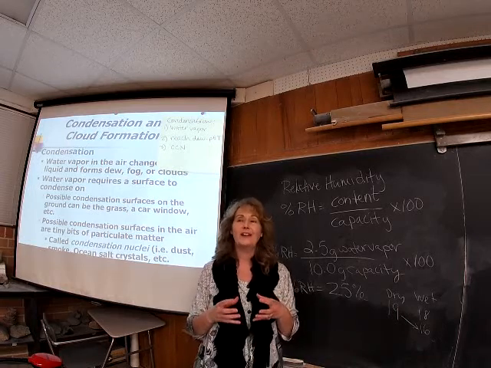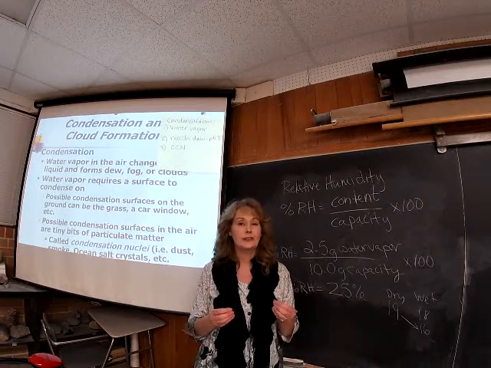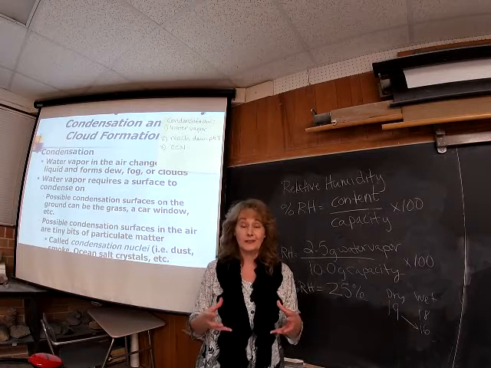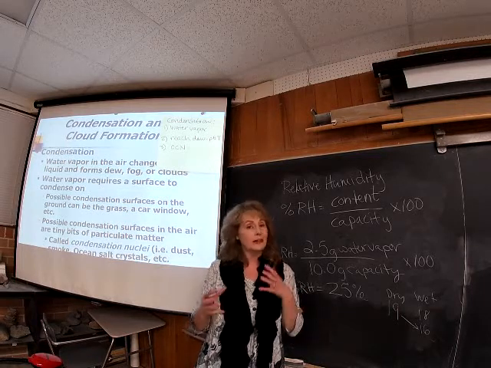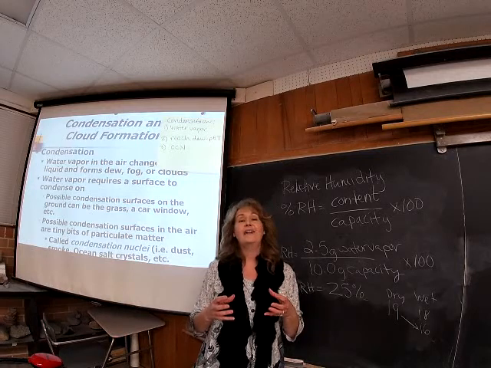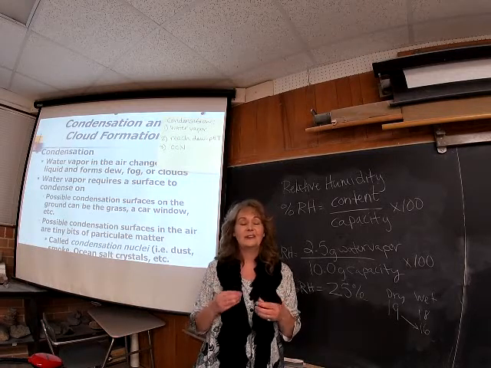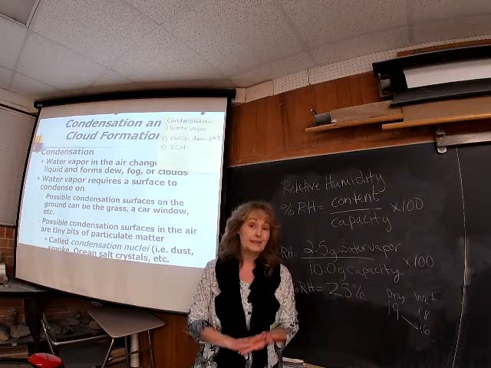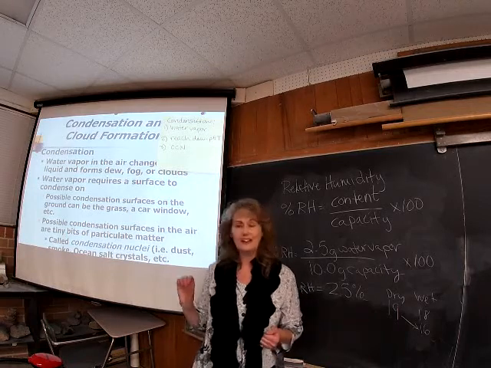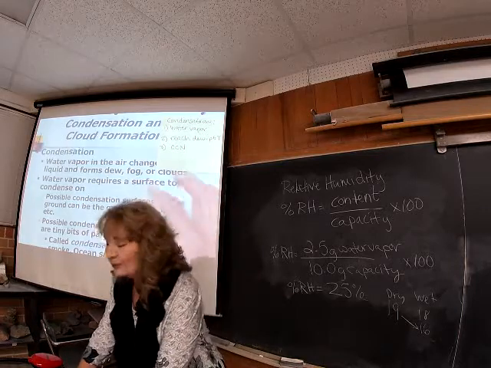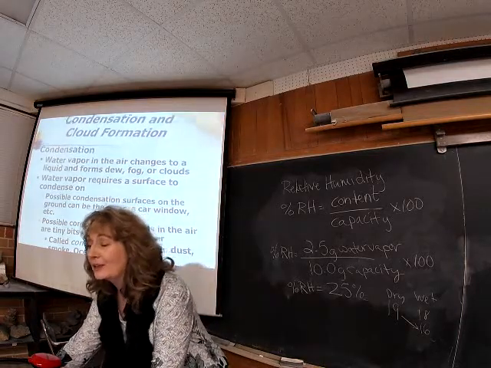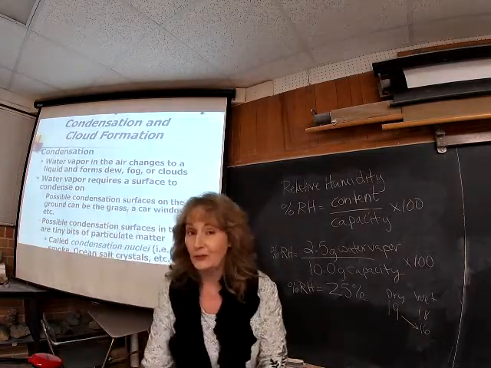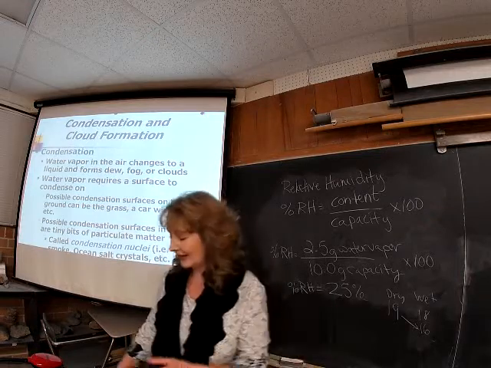Those are little solid particulate matter, the soot, the pollen, the dust in the atmosphere. So clouds are actually very dirty. They need that dust, those little particulate matter in there for the water vapor to condense on. So we need those three things: water vapor, we need to reach our dew point, and we need the cloud condensation nuclei for condensation to happen.